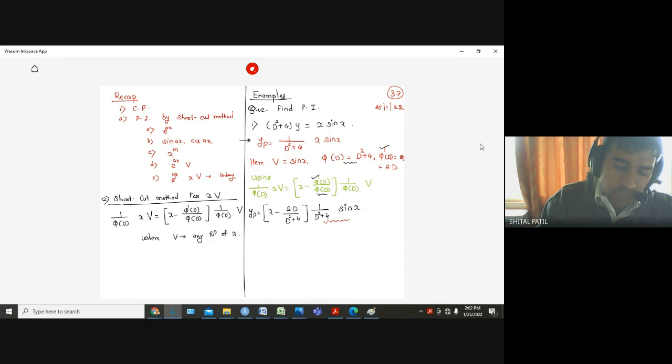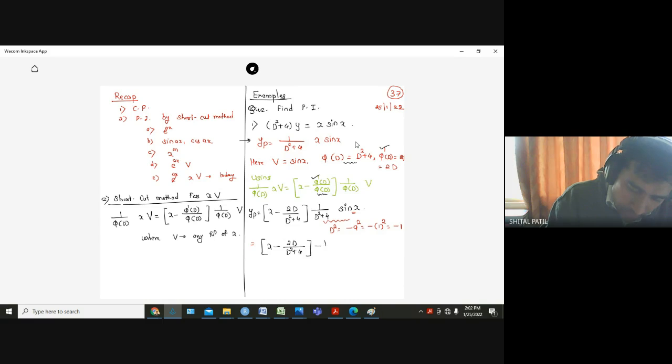So what is the formula for trigonometric function? Replacing D square by minus a square. Remember? So minus 1 square, since the coefficient of x is 1 here. So it is minus 1. It will be like this: x minus 2D divided by D square plus 4, times 1 upon minus 1 plus 4 sine of x.